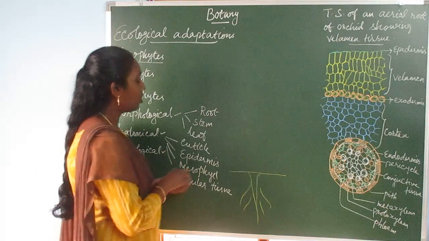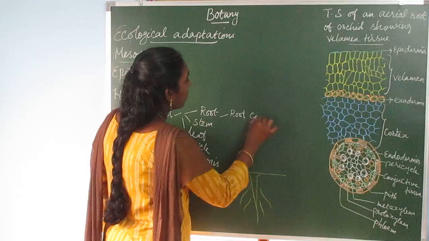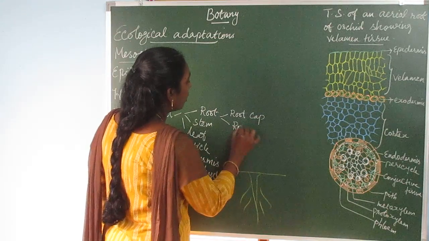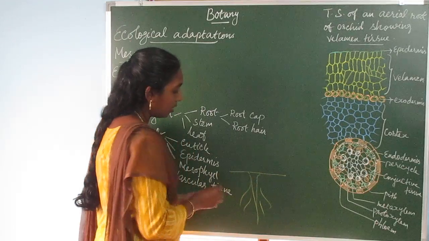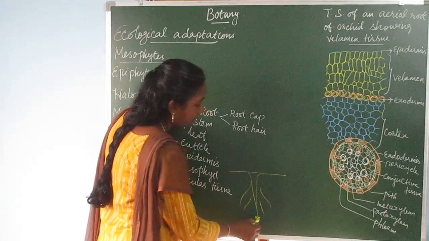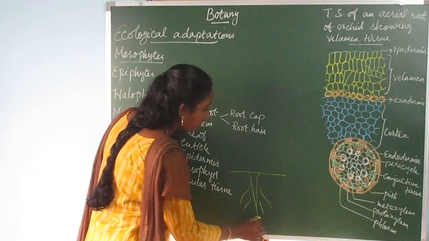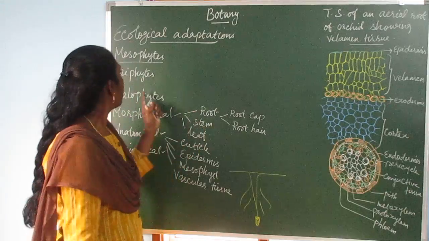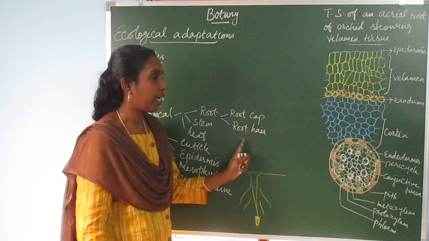In mesophytic plants, the root consists of root cap as well as root hair. Here at the end, there is a root cap. Mesophyte roots possess root cap and root hair.